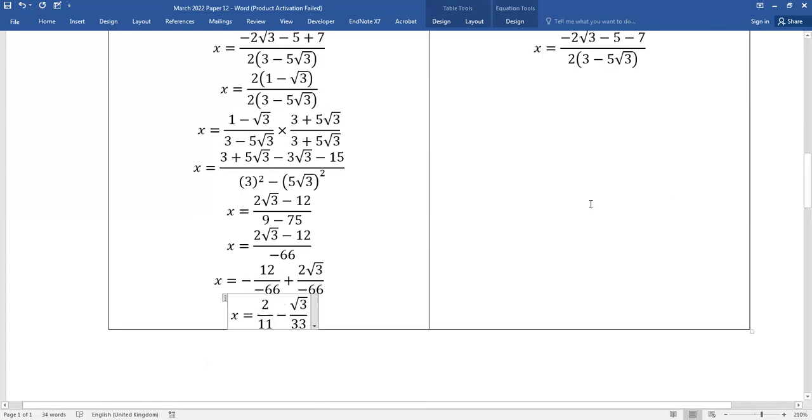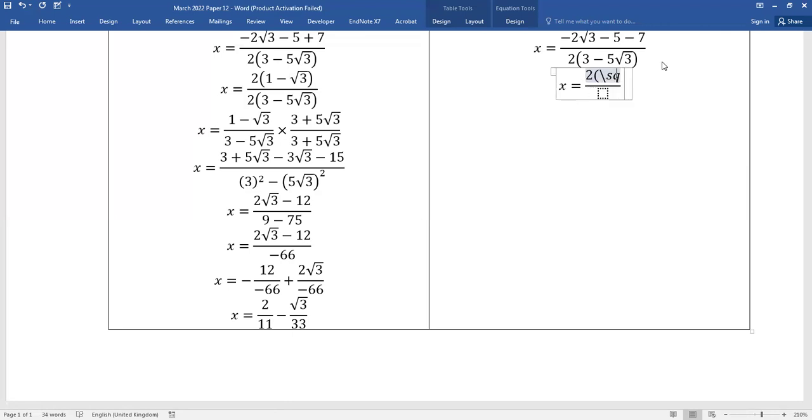सही है? And similarly in this one as well, in the numerator we'll get maybe 2 common ले लेते हैं, we are left with minus square root of 3 minus 6, and नीचे we get 2 3 minus 5 square root of 3.